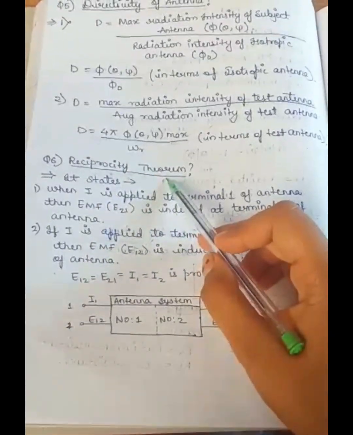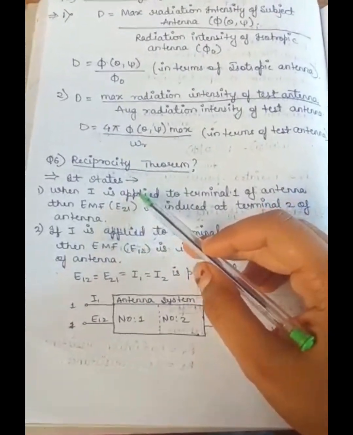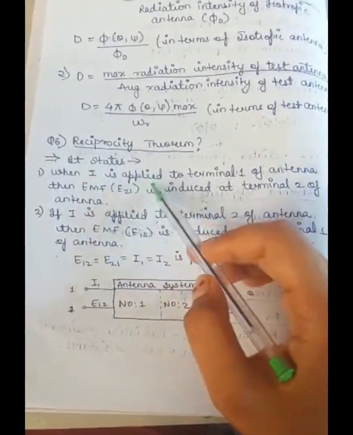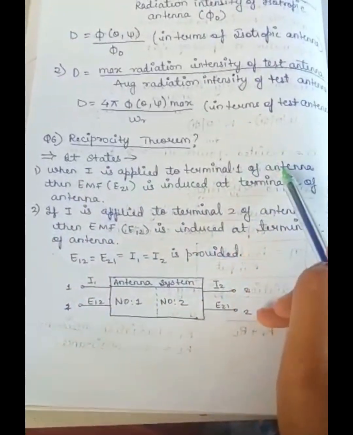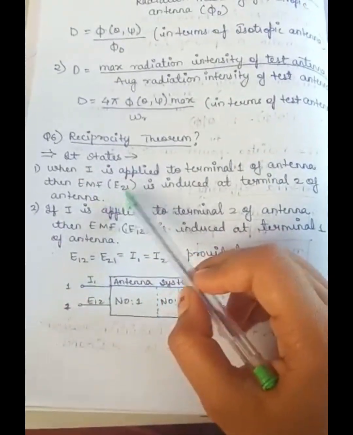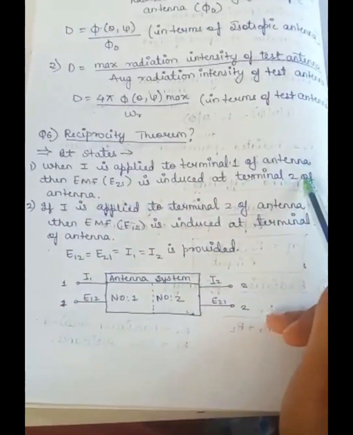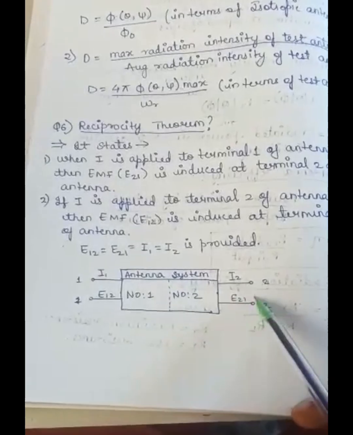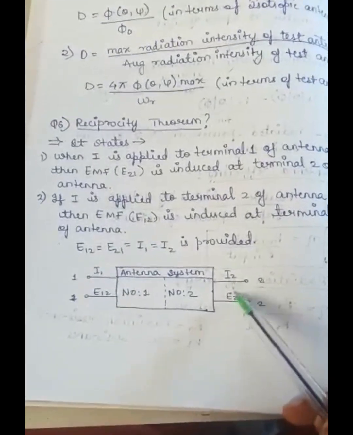In reciprocity theorem, it states the two conditions. First condition is when I, which is current, is applied to the terminal 1 of the antenna, then the EMF E21 is induced at the terminal 2 of the antenna. Here you can see when I1 is applied, then this E21 EMF is induced in the terminal 2.